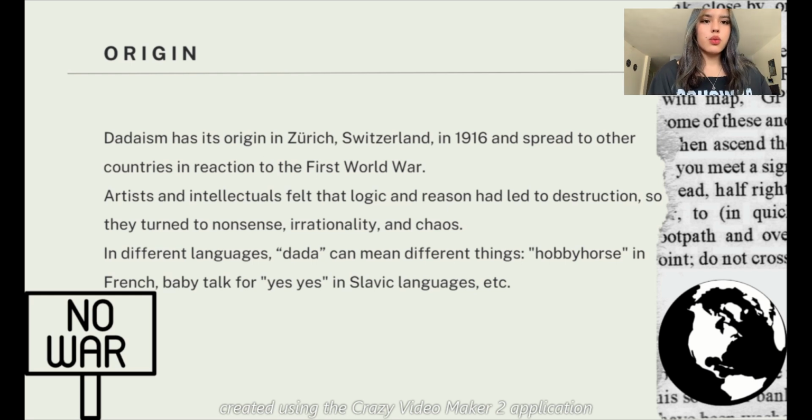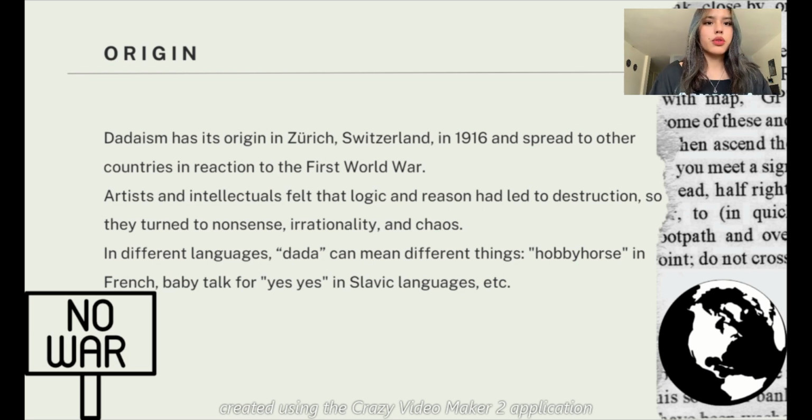Talking about the word Dadaism, the most common story was that Richard Huelsenbeck found the name by plunging a knife into a dictionary at a random word. The word dada has a lot of different meanings in different languages.